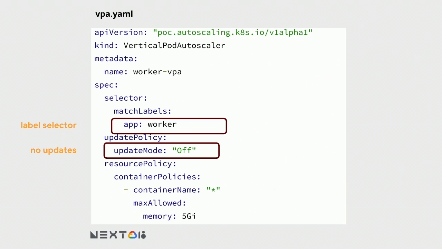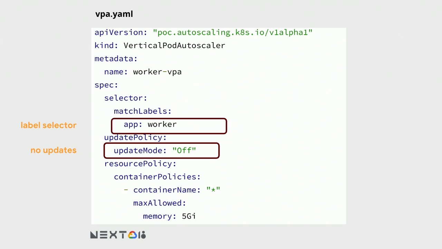So I have created a vertical pod autoscaler, and the interesting bits of this configuration are, first of all, matching by labels. So vertical pod autoscaler is different than horizontal pod autoscaler. You don't point VPA at specific controllers such as deployment or replica set. Instead, it's a little bit more flexible, and you can select specific pods that you want the VPA to generate recommendations for through a label query.